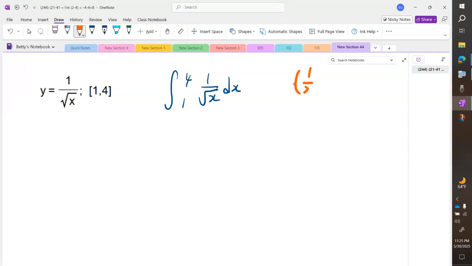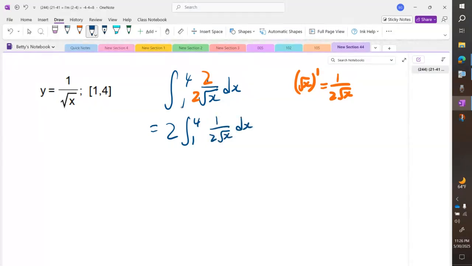Okay, guys, again, how many times did I mention this in the 2 videos? The derivative of root x is 1 over 2 root x, all right? And this is so close. So if I multiply by 2 on the bottom, multiply 2 in the numerator, and I have 2, bring 2 in front, 1 to 4, 1 over 2 root x dx.